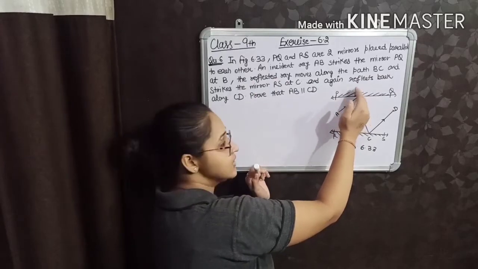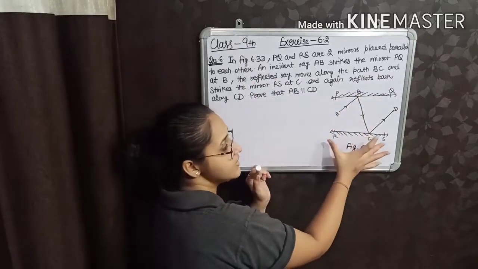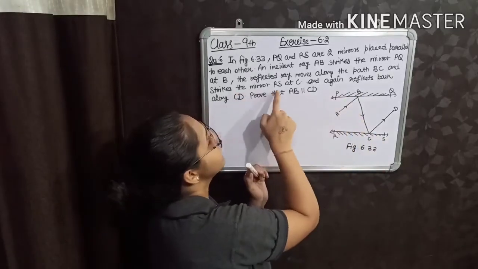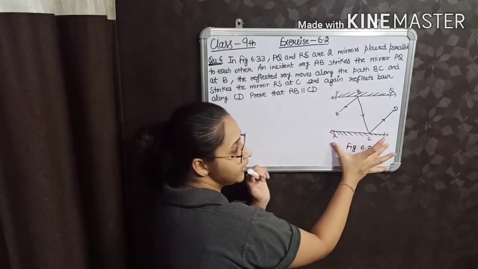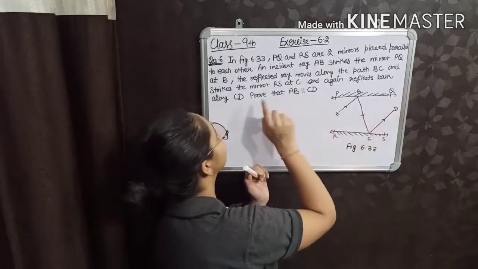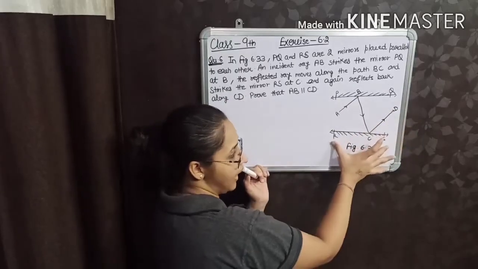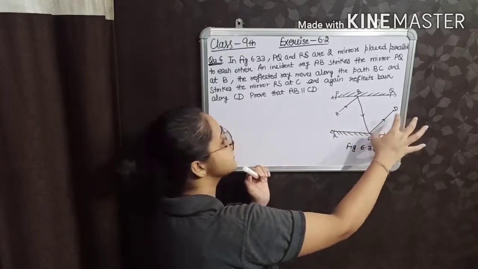After incidence, it reflects along the path BC and strikes the mirror RS at point C, and then again it reflects back along CD.